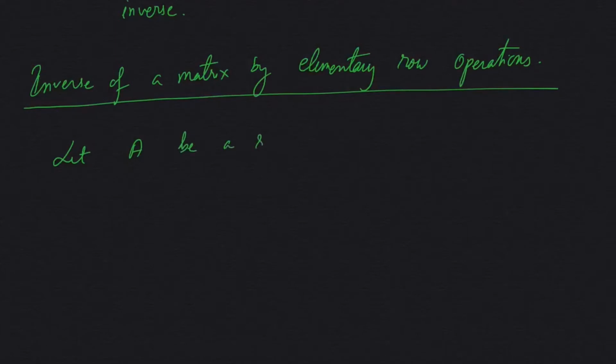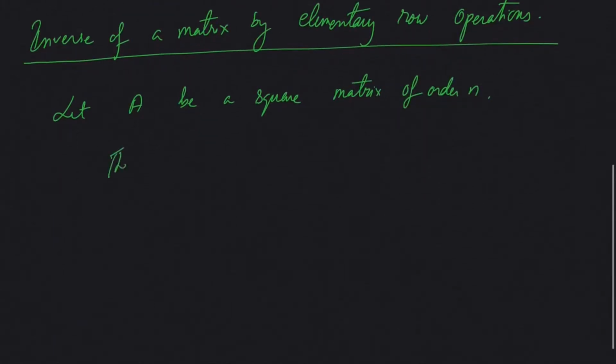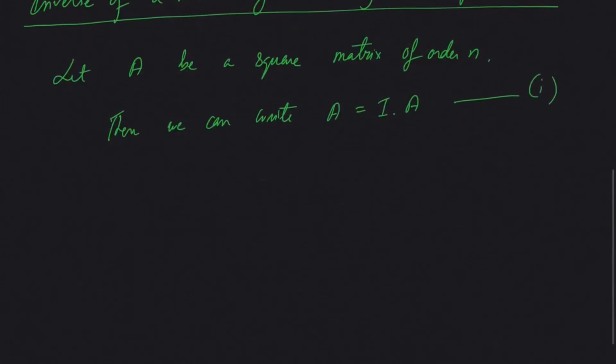Let A be a square matrix of order n. Then we can also write A as I into A, because I represents the identity matrix.